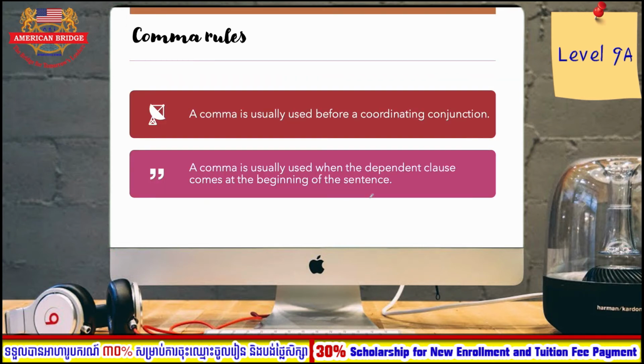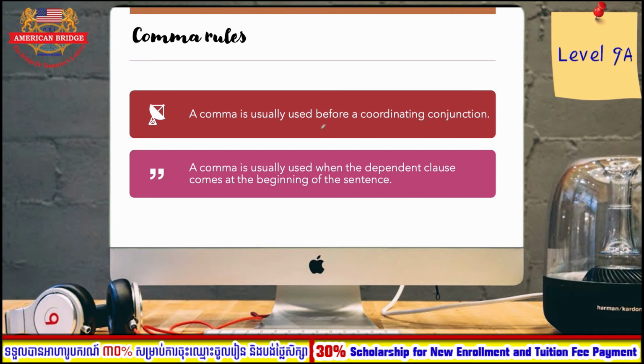For the comma rules to keep in mind, there are only two important rules to remember. First, a comma is usually used before a coordinating conjunction. So 99% of the time, use a comma when you use FANBOYS to link two independent clauses together, right?